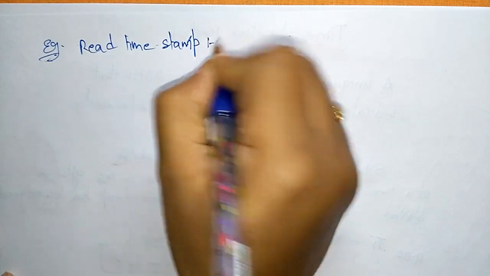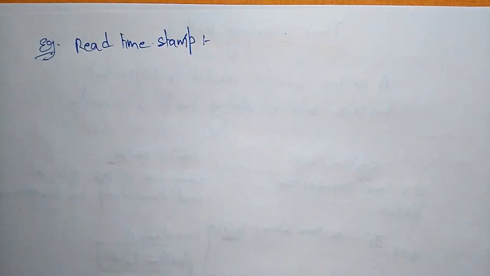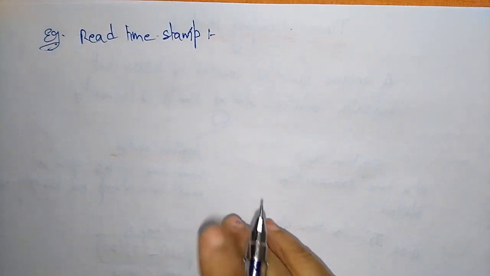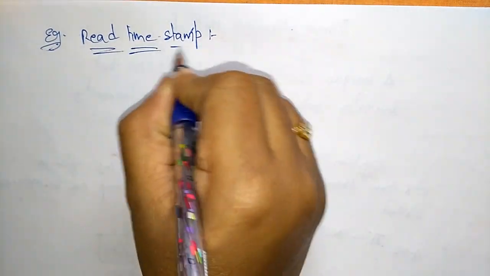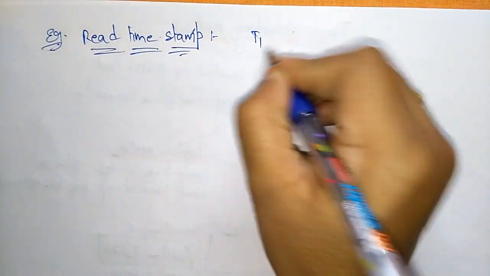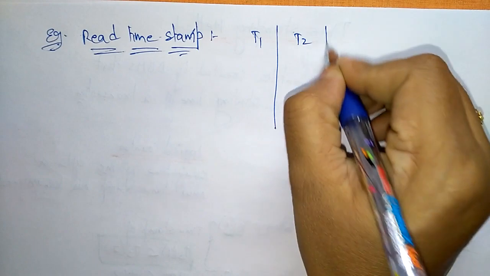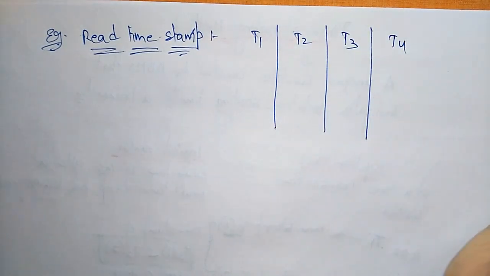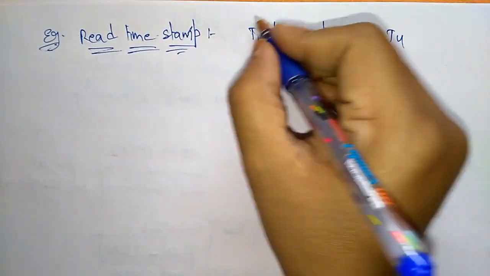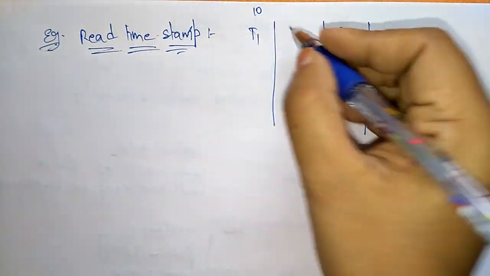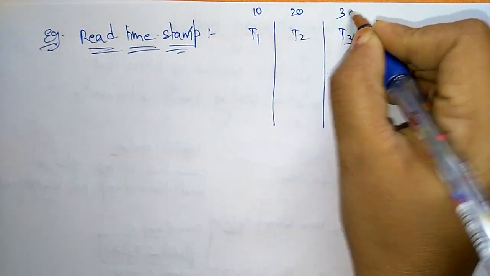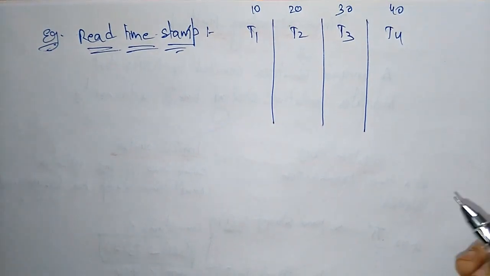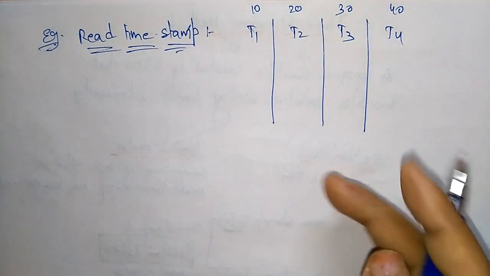The main point here is the largest value at which the read is successful, that time you have to take. Let us say T1, T2, T3, T4. Four transactions are there, with timestamp values 10, 20, 30, 40.